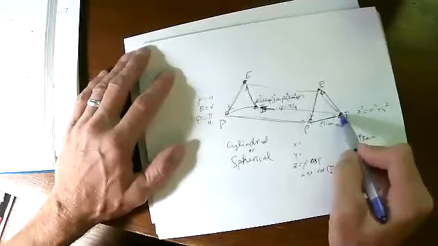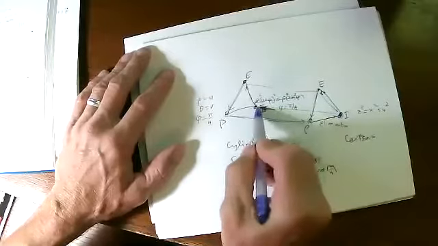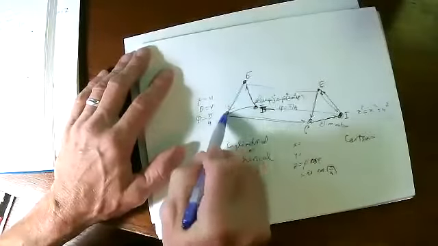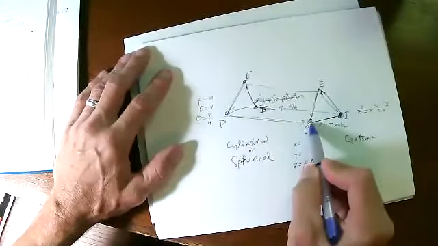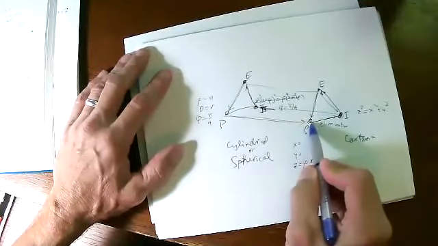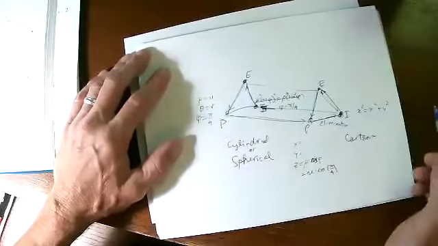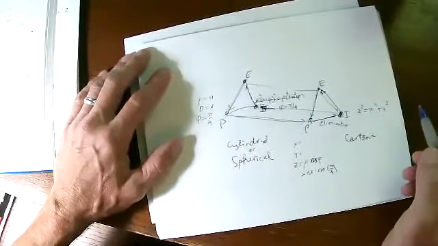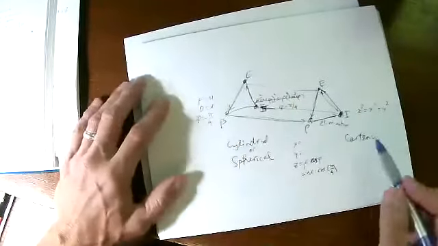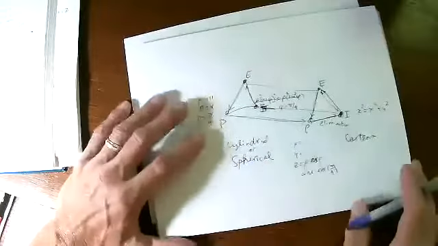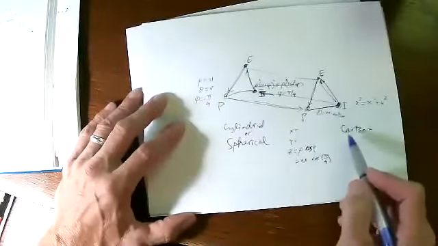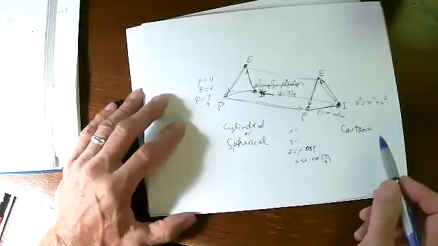So I started here, I went here, went up there, came down here, and went over here to get a parameterization. That actually took me through every one of these corners except for that one. So it is just a different way that you can use a different coordinate system to end up with a parameterization of your surface.